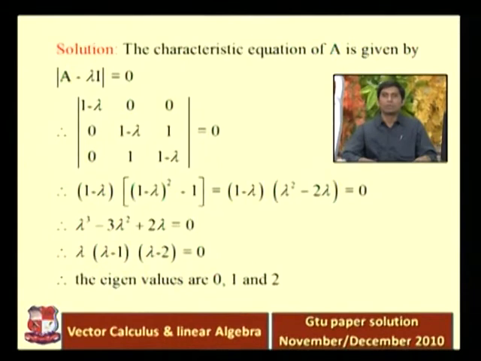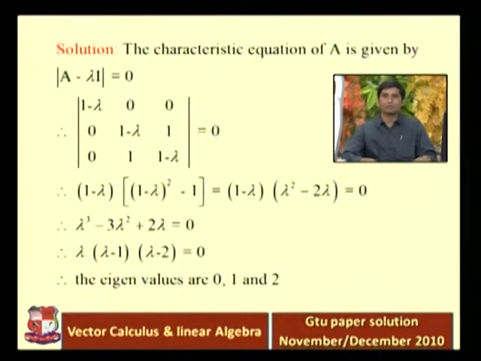So we want to find all the values of lambda. Lambda is common, and the other factor is lambda square minus 3 lambda plus 2, which can be expressed as lambda minus 1 into lambda minus 2. So we get lambda into lambda minus 1 into lambda minus 2 equal to 0.